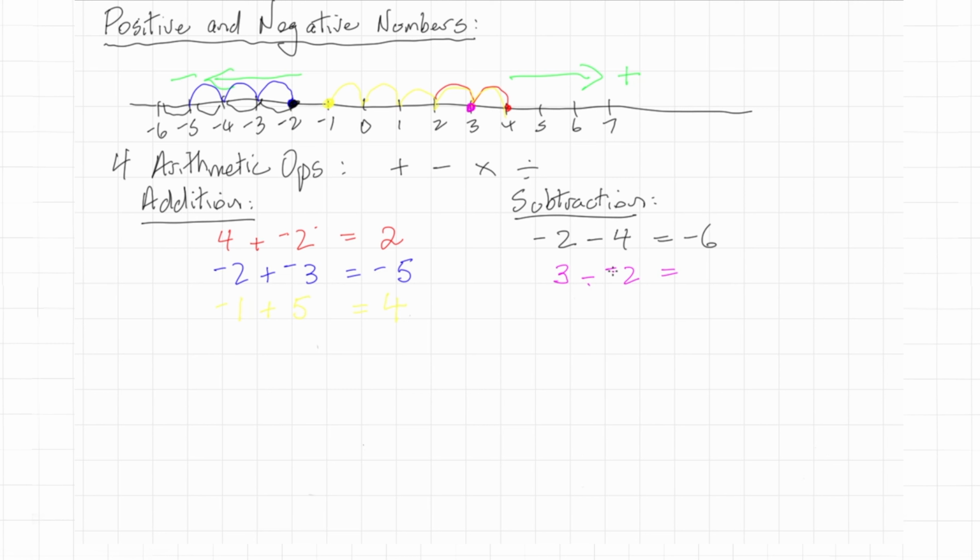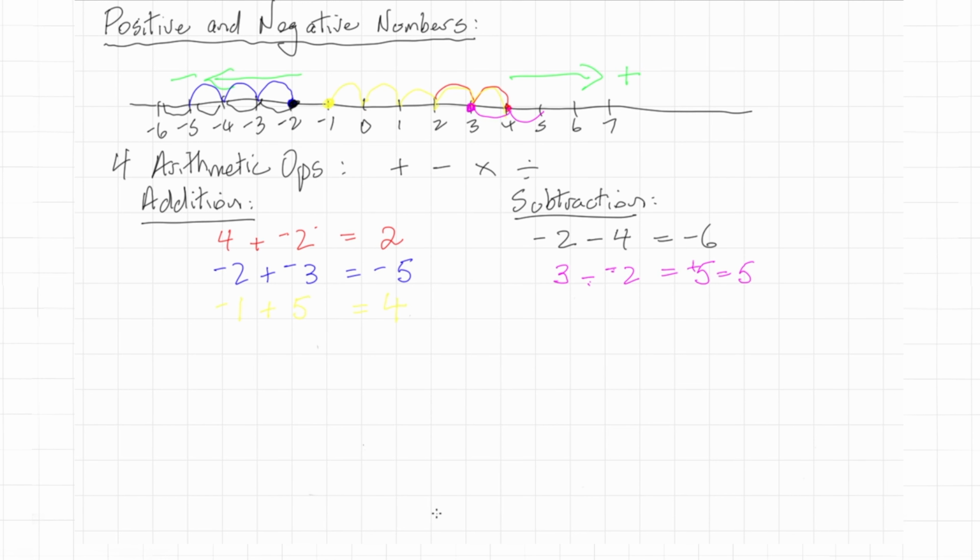This says, whoops, we're going to change direction. So we were going to the left, now we're going to go to the right, and we're going to go 2. So starting at 3, this says we're going to go left, that negative says we're going to go right, and we're going to go 2 units. So 1, 2, and we end up at +5. We could put the plus there, it's not necessary, we could just put 5.